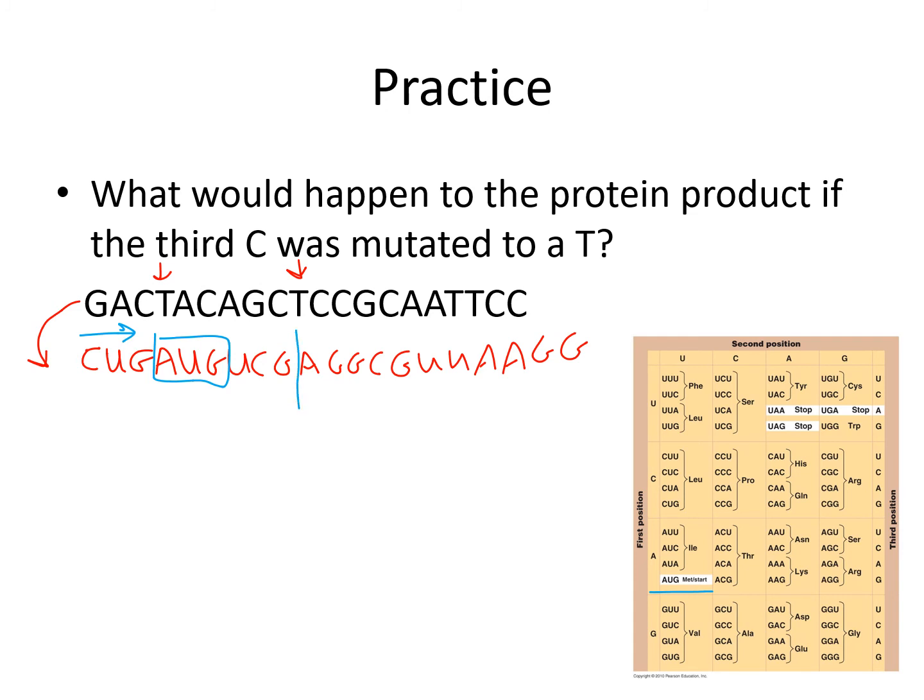UCG is a codon, AGG is a codon, CGU is a codon, UAA is a codon, and so on. And then you use the genetic code to identify your protein, and the AUG is the start codon, and often that involves the amino acid methionine. Then UCG is serine.